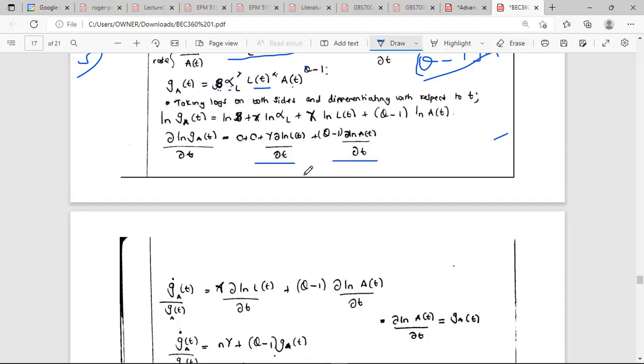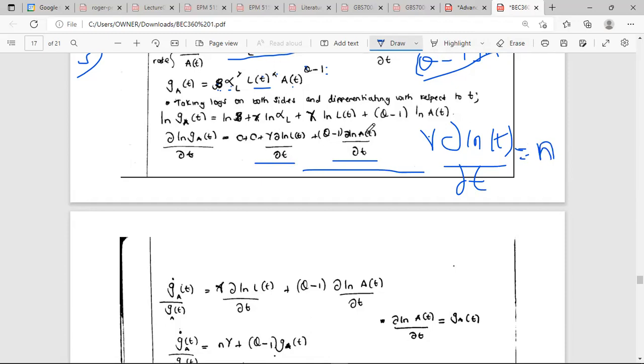These are important. Now, let this, let the derivative of ln Y over dt be equated to some variable, let's say n.